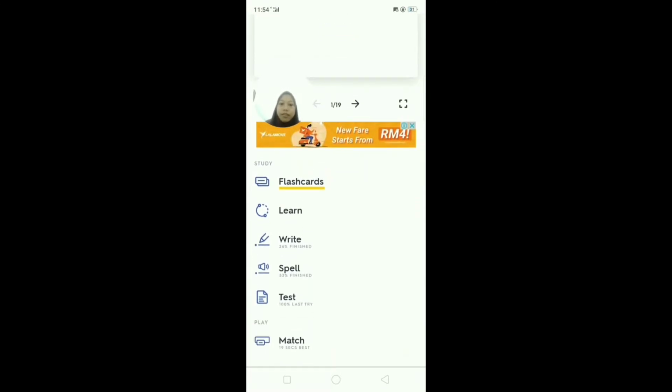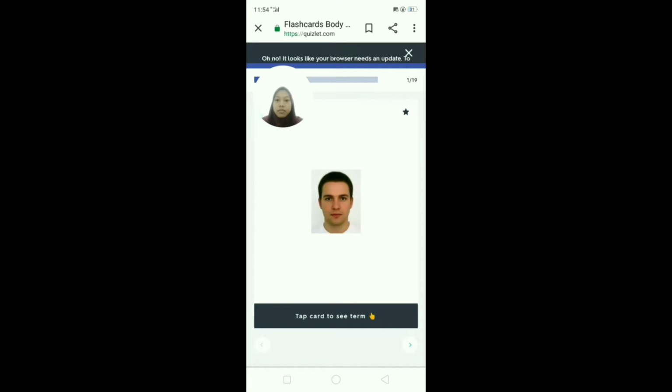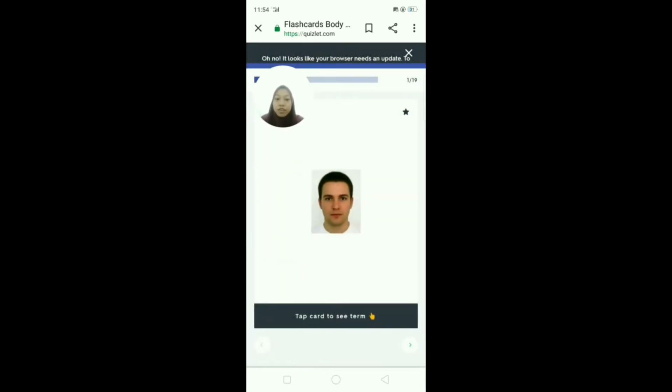Let's see flashcards first. Flashcards are great for basic review, with options for zooming in on images, shuffling the order in which terms are presented, starring cards to focus on, and last, listening to audio.